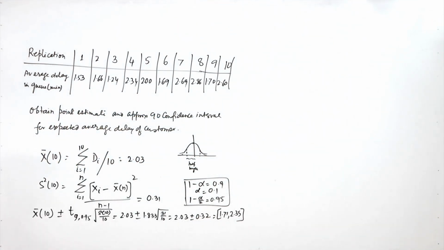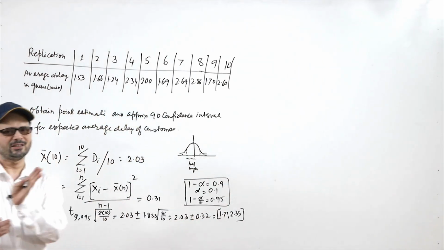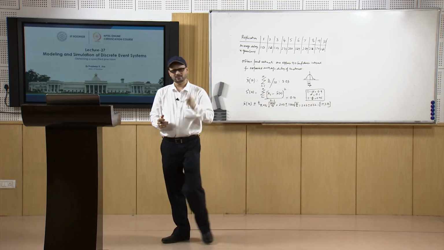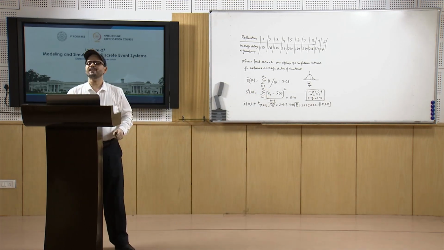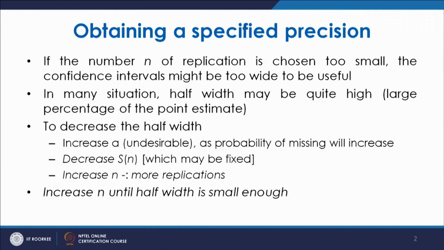So, this much it has to vary either to the left or to the right. Now, in many cases it may go very high. If the number of replications n is small, then the confidence intervals might be too wide.